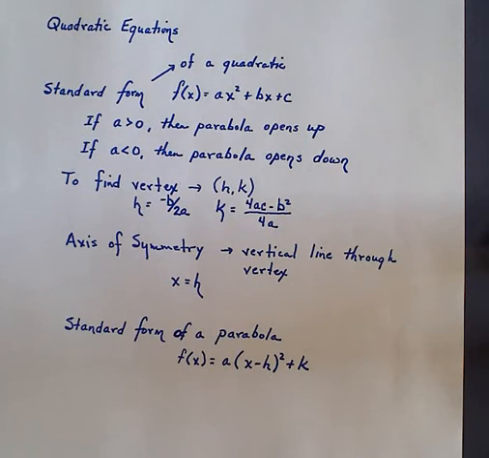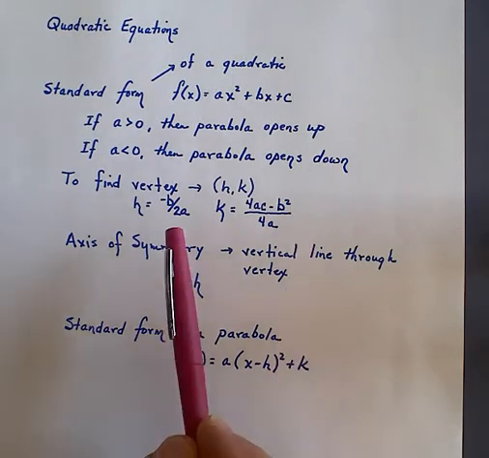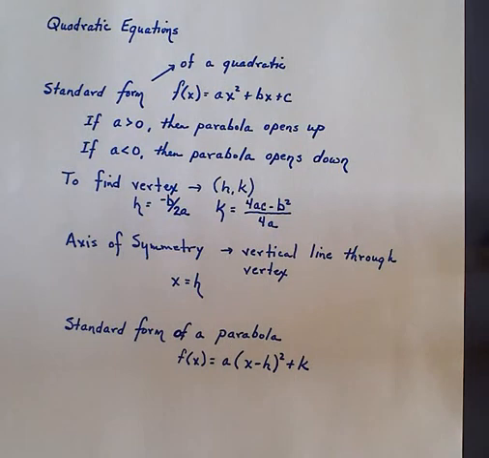Now, again, we had formulas for finding the vertex, and I've given you the formulas here. You might want to make sure you've got these written down somewhere so that you can refer to them, even on the homework page, so that you're building examples you can refer back to later. To find the value of h, which is the x-coordinate of the vertex, you take the opposite of b and divide it by 2a.